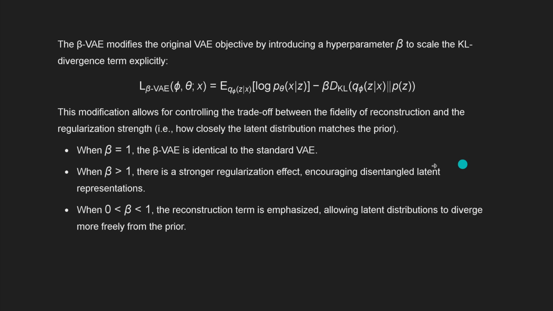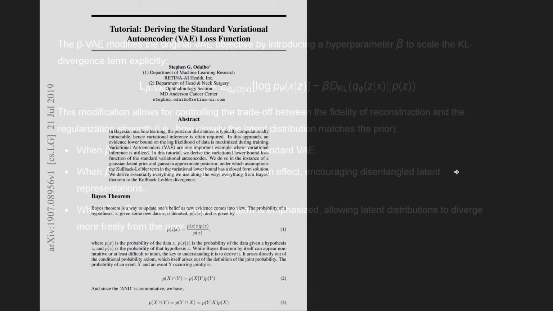So you remember, we introduced this beta hyperparameter. And then, as you see here, in the second term, beta equal 1 is identical to the standard variational autoencoder. Beta greater than 1 gives a stronger regularization effect, and less than 1, the reconstruction term was emphasized. So be careful how you define your beta for your system.